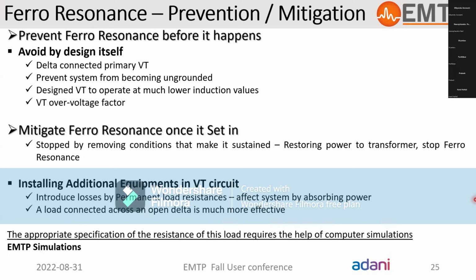Now, the load connected across an open delta is much more effective than a load connected in the usual way, and it has the additional advantage of avoiding power dissipation during normal balanced operation. Now, the appropriate specification of this resistance provided by this load is very important. But here EMTP simulation can help to arrive at the appropriate resistor value.